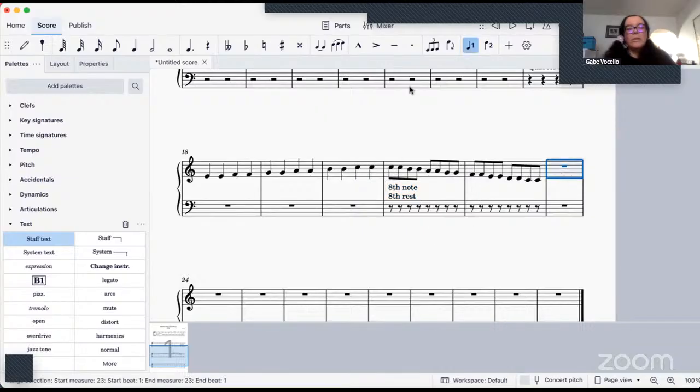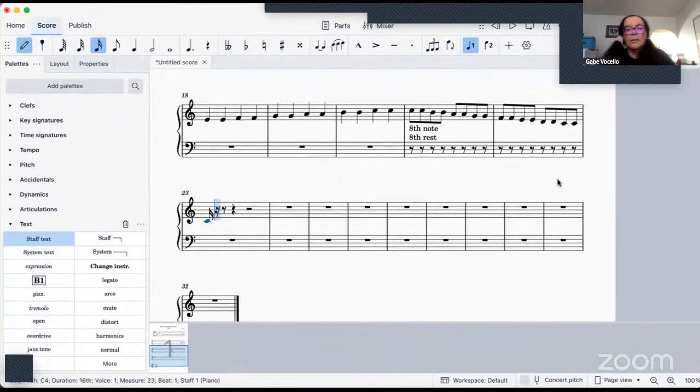I need to add the 16th note. The 16th note has one colored note head, stem, and two flags. When I want to put more than one together, I add two bar lines.